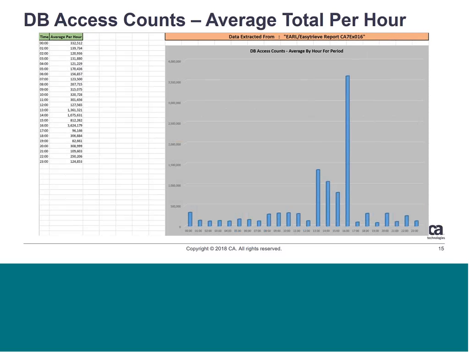And then we can take the same data, but instead of total number of accesses per day, we now look at it as an average number of accesses for each of the hours of a day taken over the whole month.